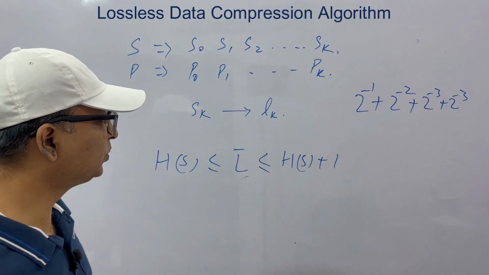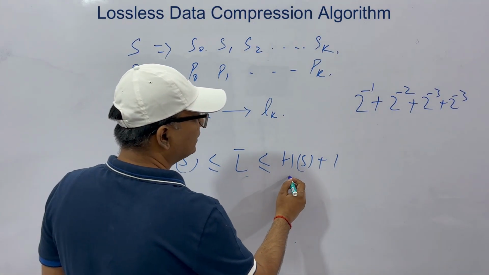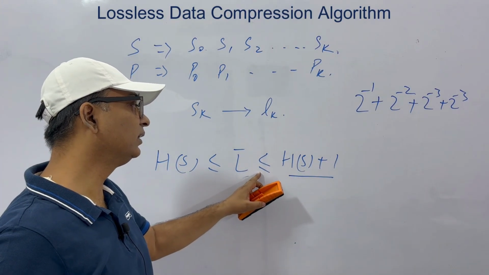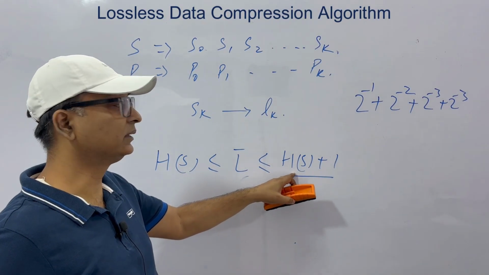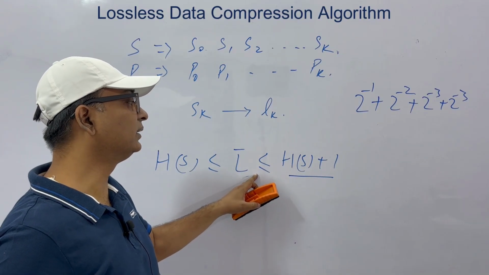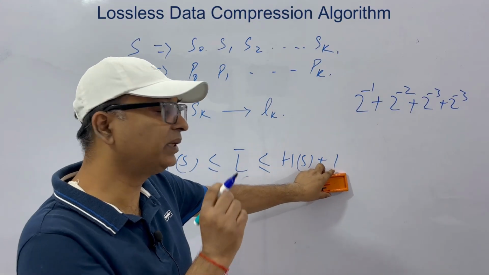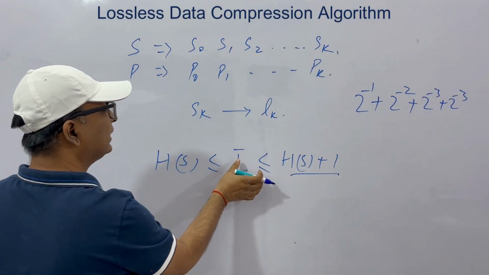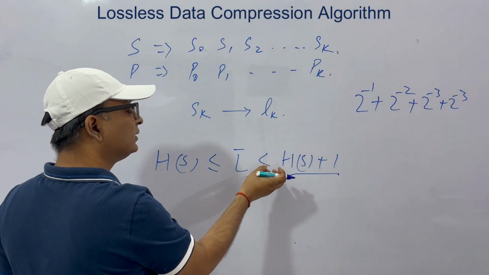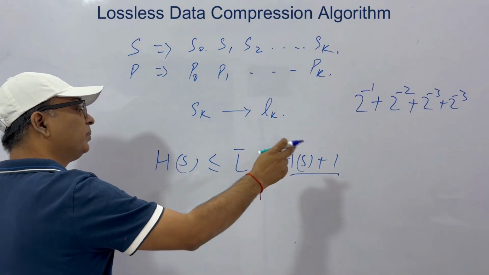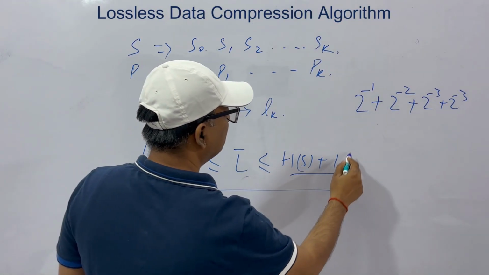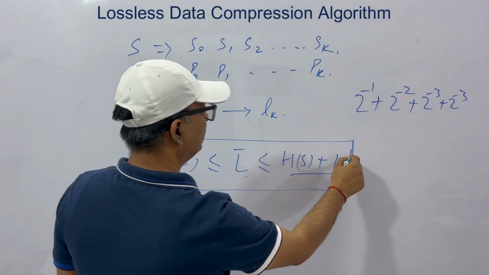But if you have to put a prefix, the average code word length should be less than HS plus 1, because you will at least add one bit as prefix. So the average code word length is less than HS plus 1 while being greater than or equal to HS, and this condition is very important.